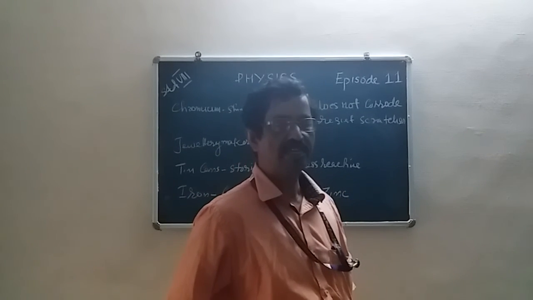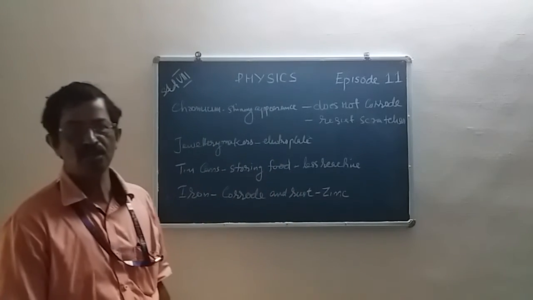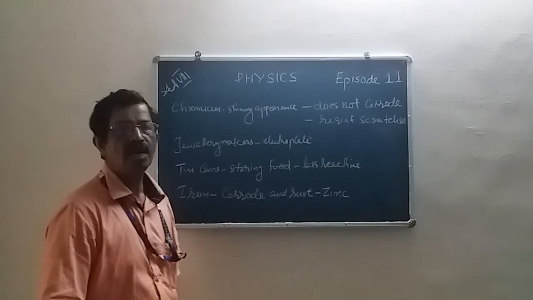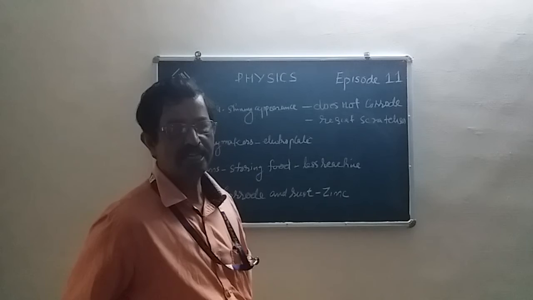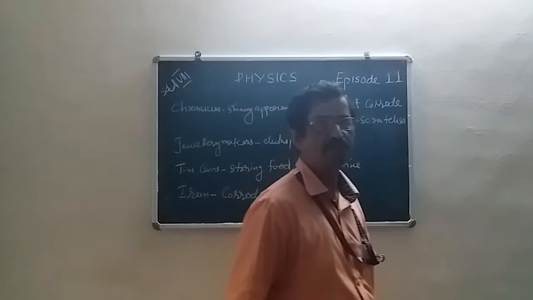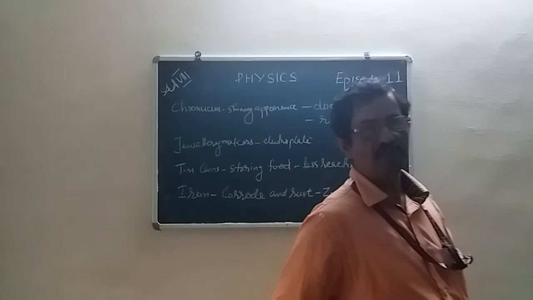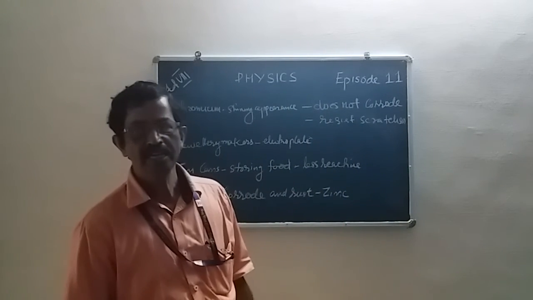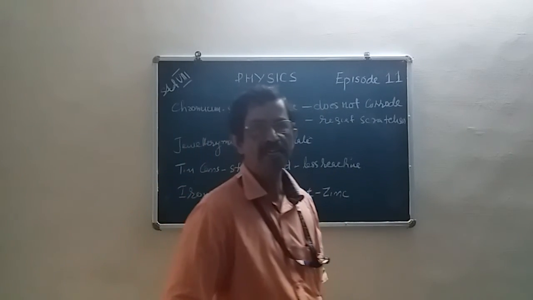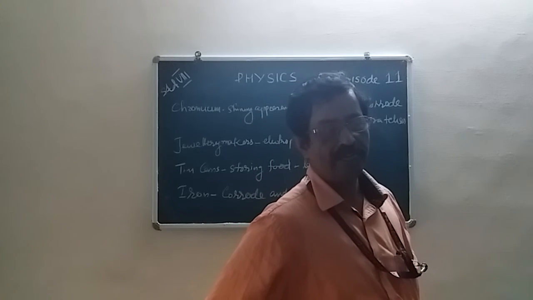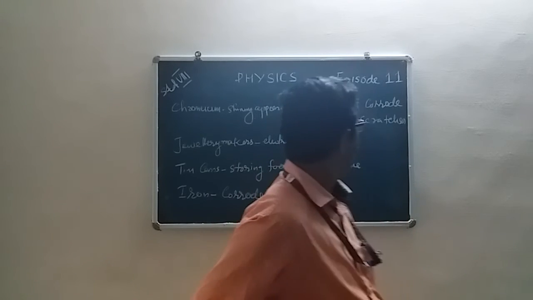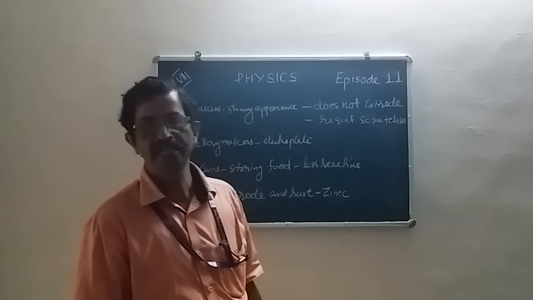We discussed the electroplating of copper, in which copper is deposited over a carbon rod, on the negative electrode called the cathode.